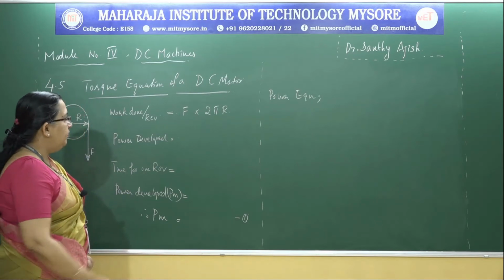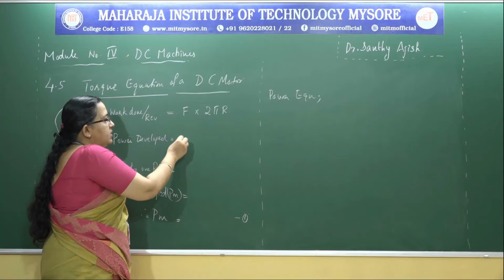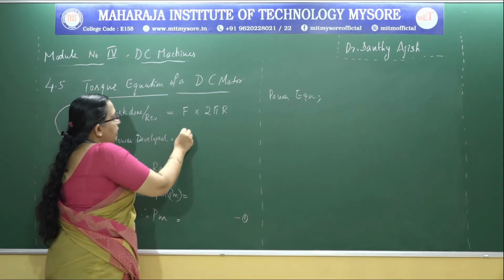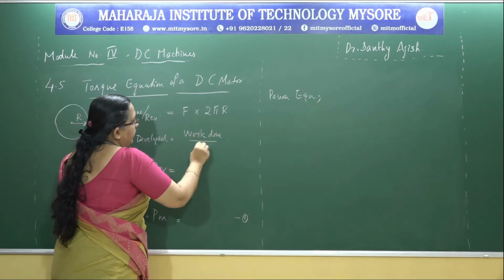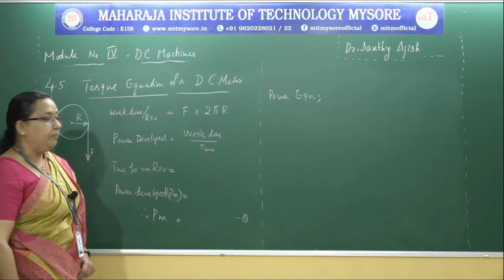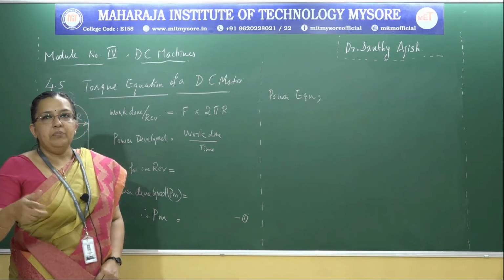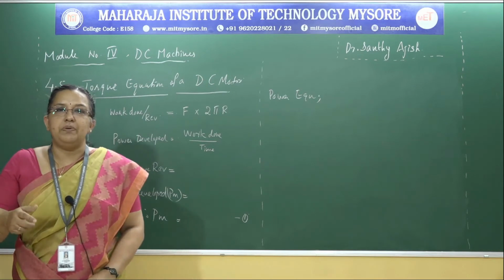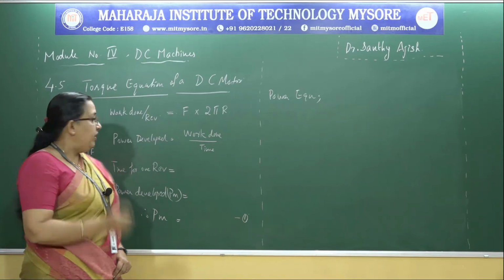Now what is the power developed? Power is nothing but the work done divided by time. We know that the RPM is revolutions per minute. So what is the time required for one revolution?